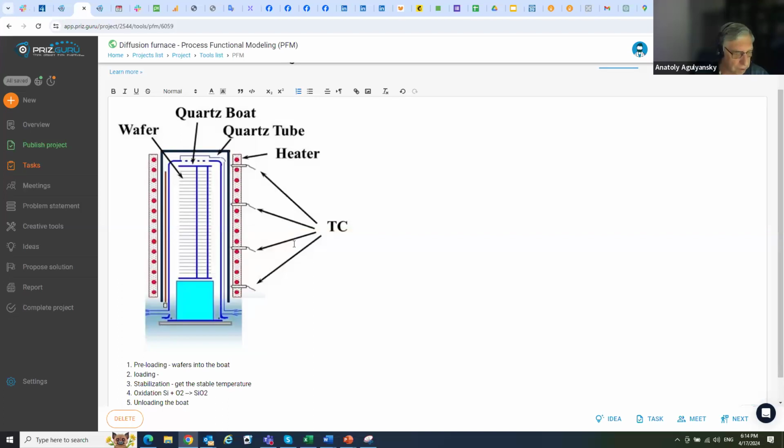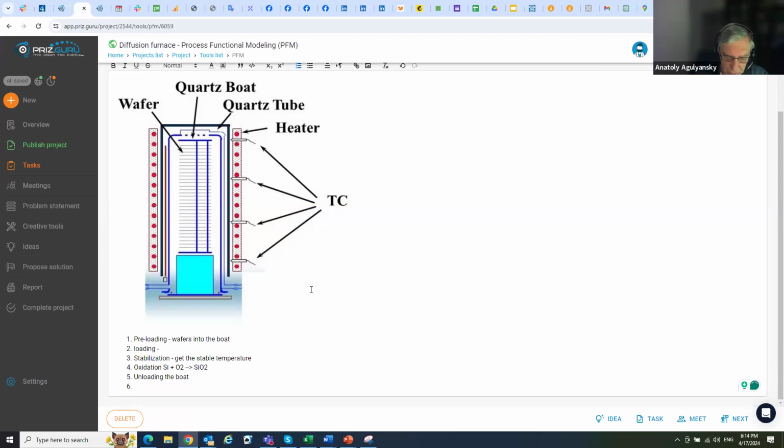And after that, we need cooling of the wafers and the boat, and unloading the wafers.